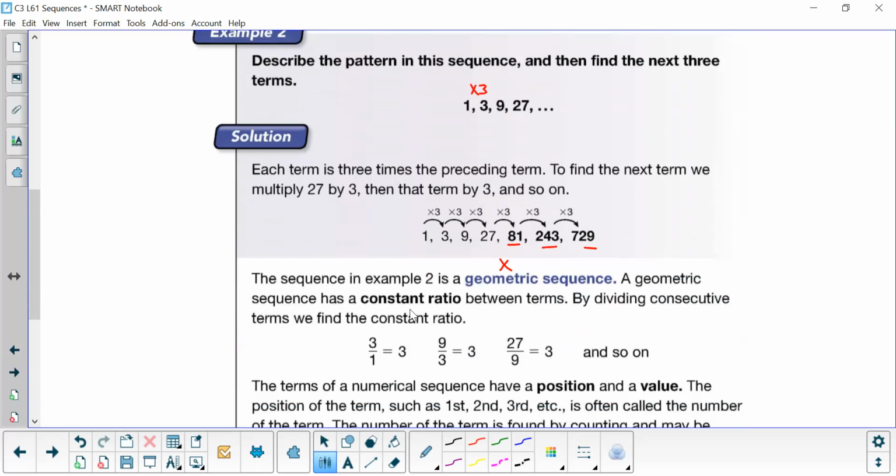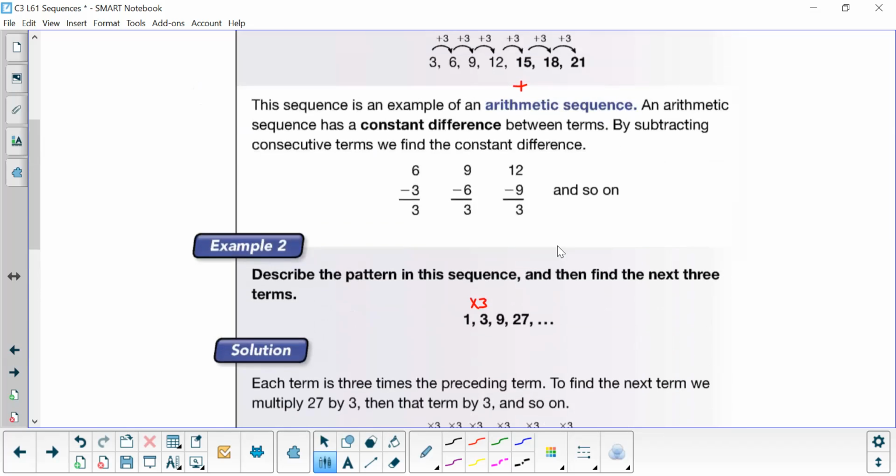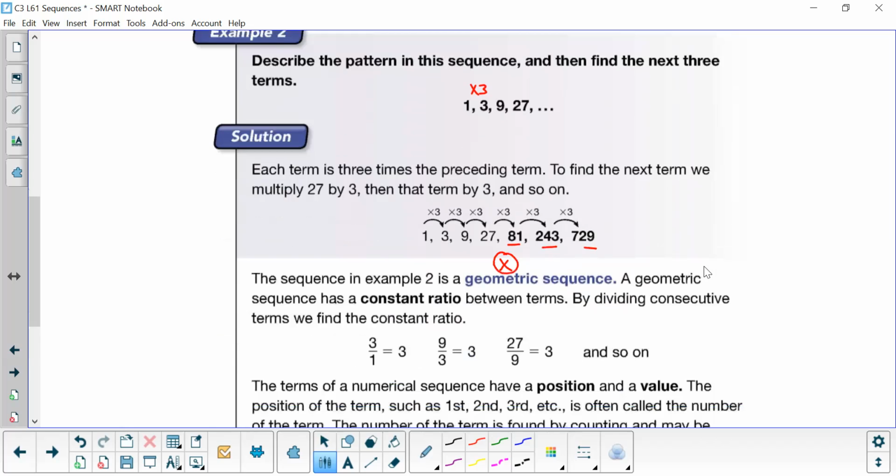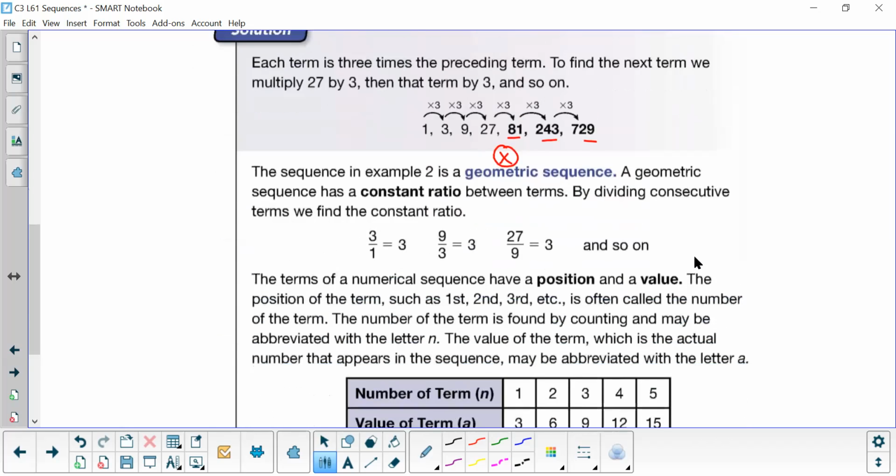Remember the connection between multiplication and division. 3 divided by 1 is 3, 9 divided by 3 is 3, 27 divided by 9 is 3. That gives me that constant ratio of 3 each time. So in an arithmetic sequence, I'm adding, and in a geometric sequence, I'm multiplying. It's important to remember those two things about those two sequences.